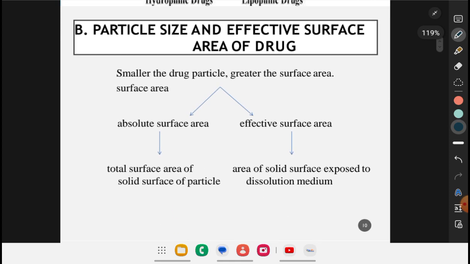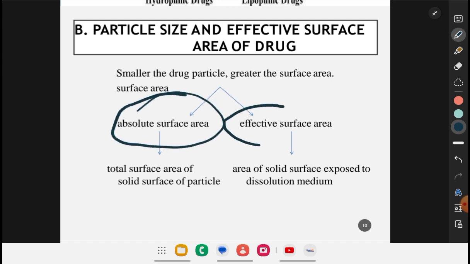Next, coming to particle size and effective surface area. As we know, the smaller the drug particle, the greater the surface area. There are two terms. First is absolute surface area, second is effective surface area.